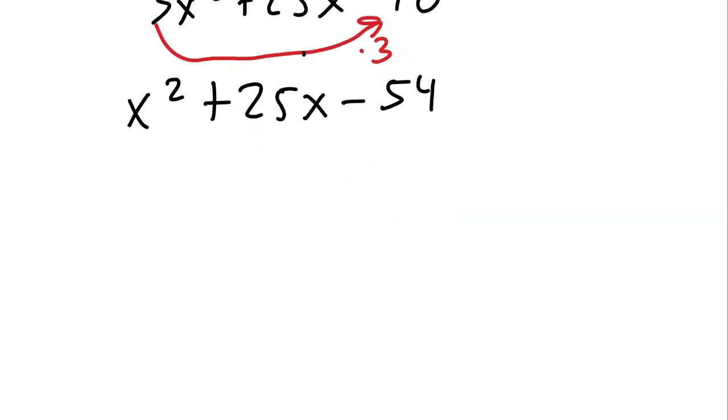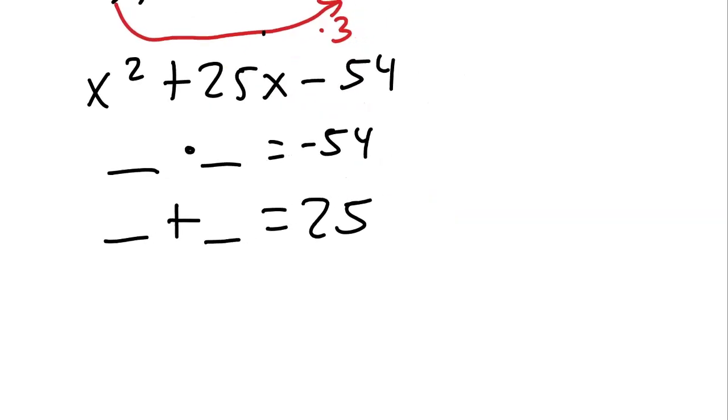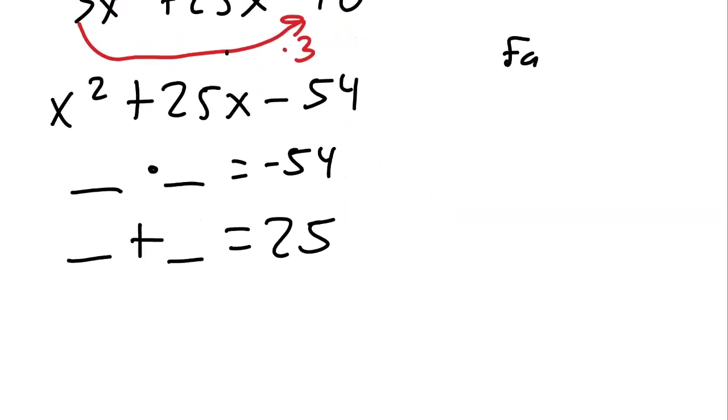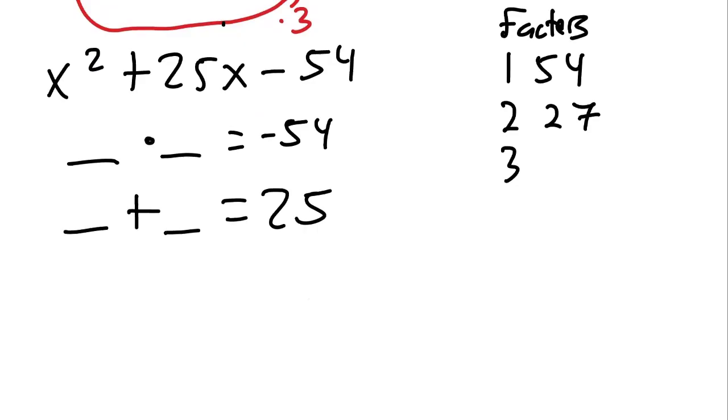All right, so now we're going to find two numbers that multiply to negative 54 and add to positive 25. Now for 54, you are going to have a lot of numbers in this case. So 1 and 54. What's the next one? 2 and 27. 3 and 18.